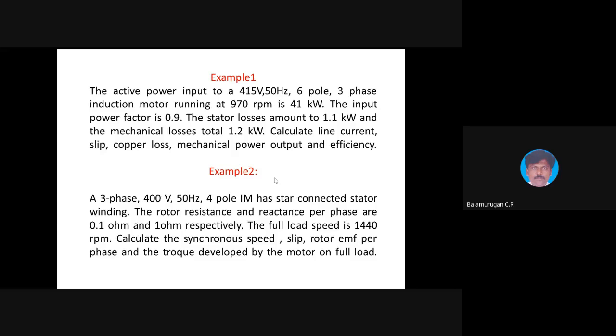And from this expression you can have P2 by PC equal to 1 by S. If you calculated P2 and you know the slip value, you can calculate the PC. So for that only we are calculating this P2. You already calculated the slip value. If you found the P2 value, you can calculate the PC. So what is the P2 value?